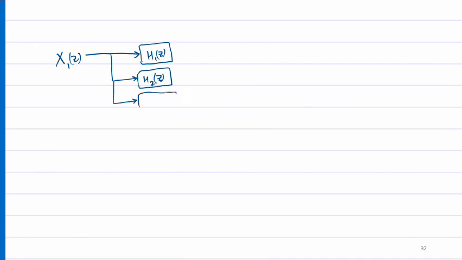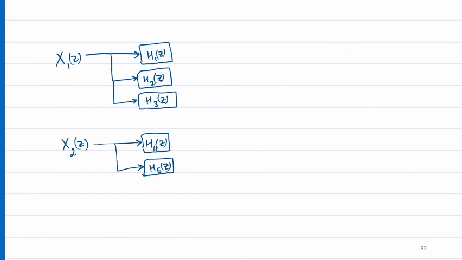So what it means is, let us say I have got X1(z), and I feed it into filters H1, H2 and H3, and I have got another input X2(z), and I can feed it into H4 and H5. And let us say my Y1(z) has got H4X2 plus H3X1 plus H2X1 plus H1X1, right?